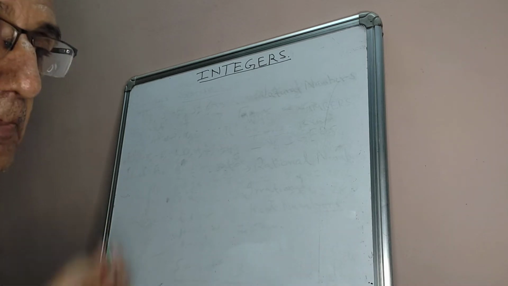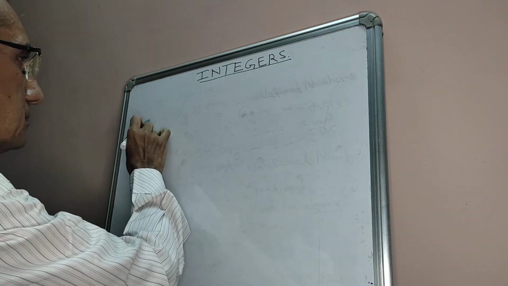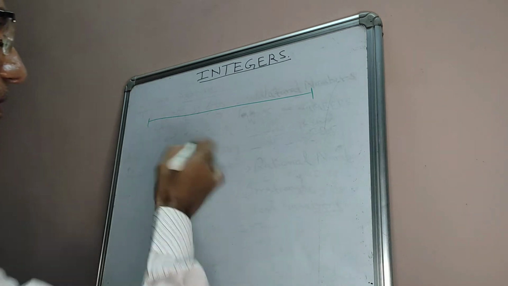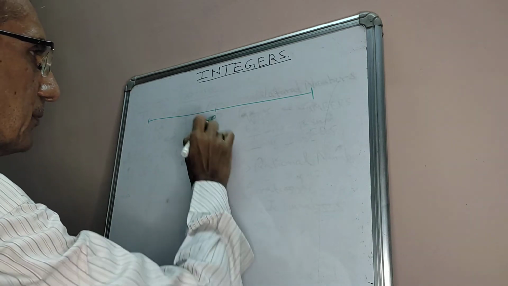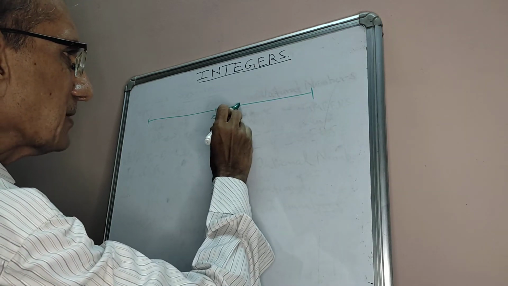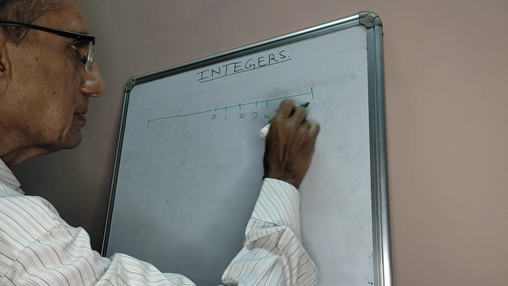On the number line, how do you represent integers? This is the number line, and this is 0. To the right of 0 you have the positive numbers, 1, 2, 3, 4, and so on.